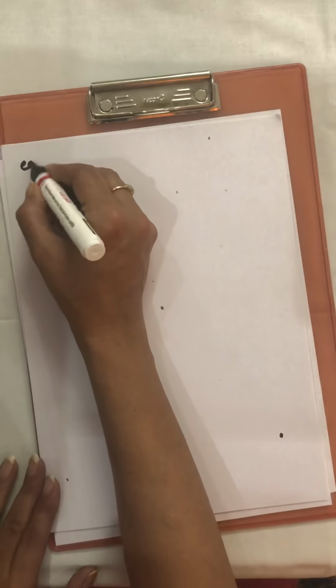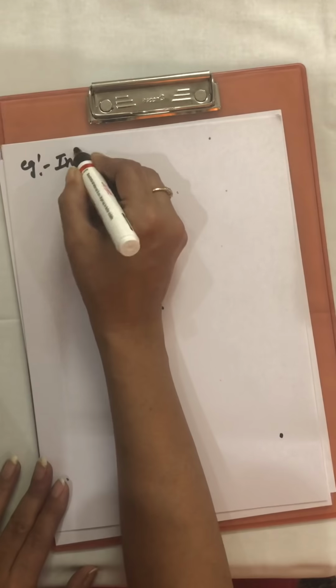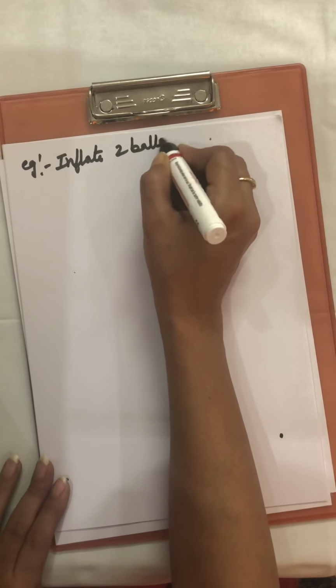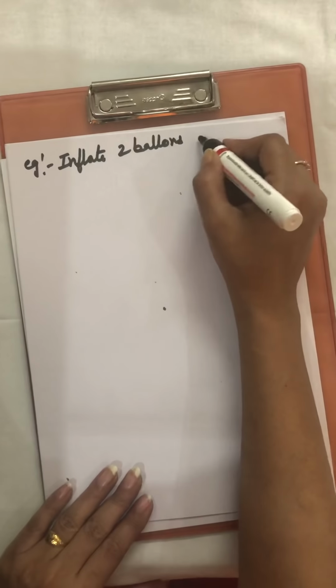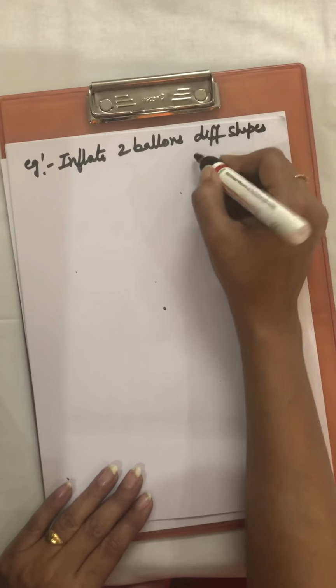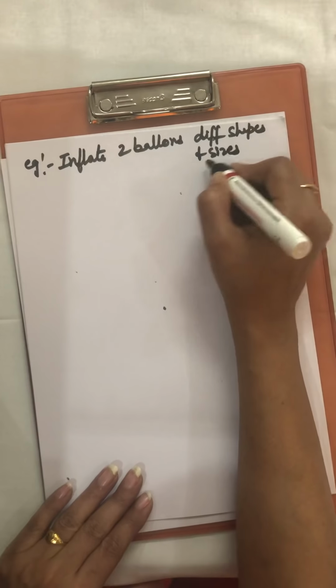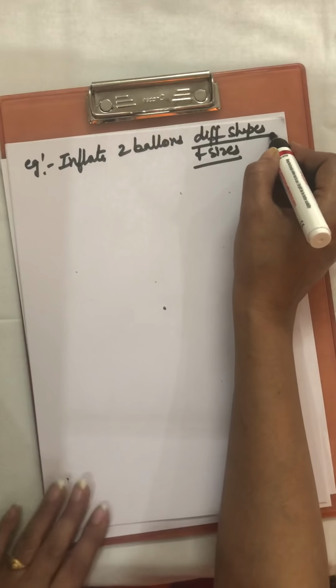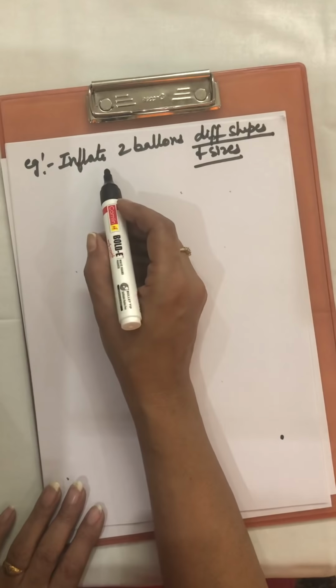Example: inflate two balloons of different shapes and sizes, by blowing almost equal amounts of air.